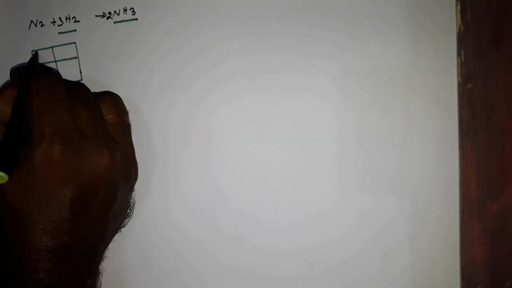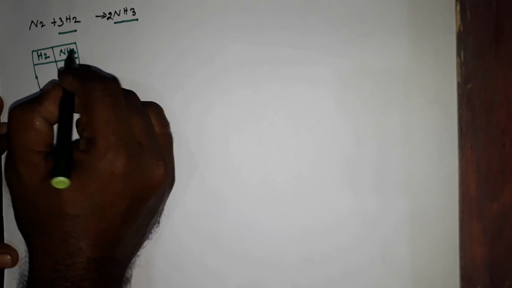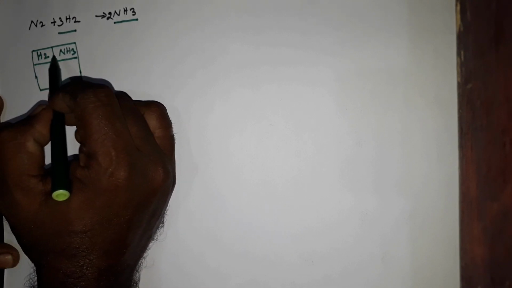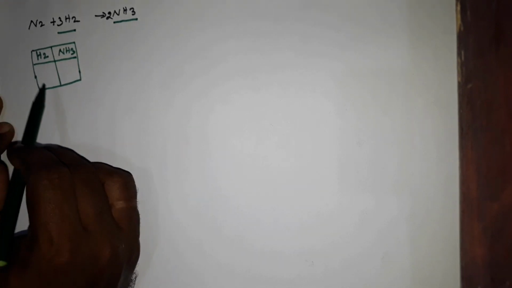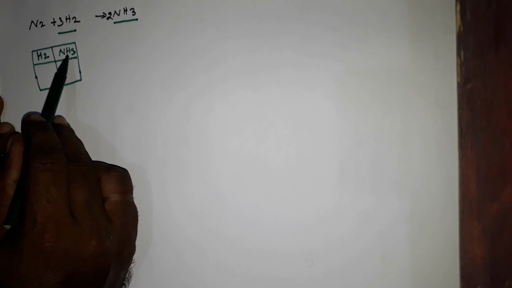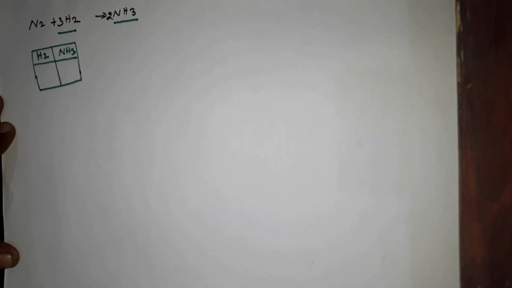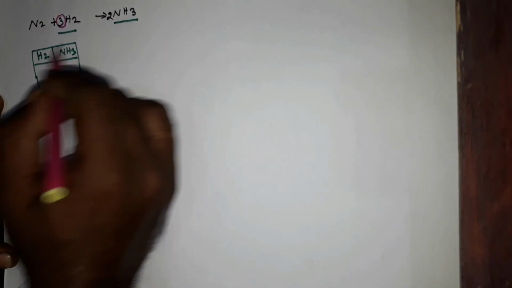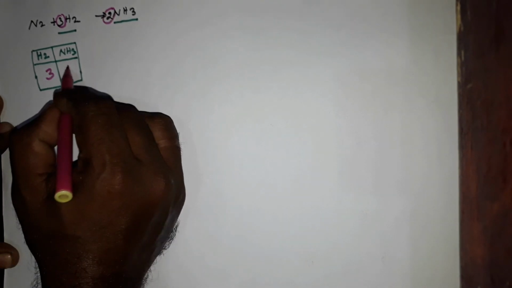So here hydrogen, then here NH3. Because according to the question, we require only these two substances. So no need to take this nitrogen. Clear? So hydrogen, then ammonia. As per stoichiometric coefficient, hydrogen is 3, ammonia is 2.